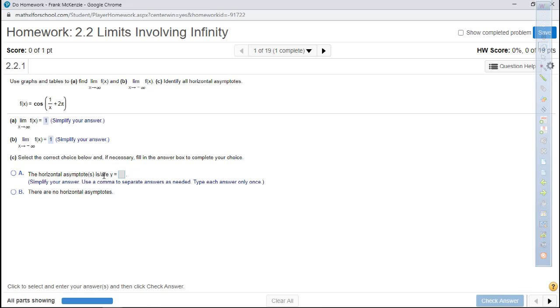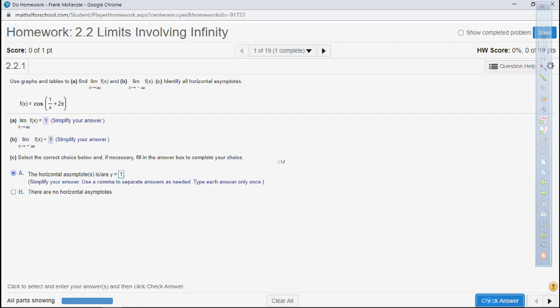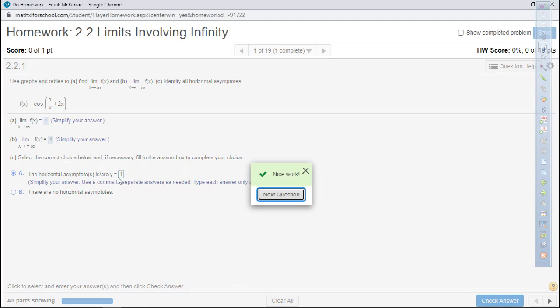In other words, as you go way off to the right and way off to the left. Well, as we find right here, the limit on both sides, as x approaches infinity and negative infinity, is 1, so we are going to have a horizontal asymptote, and the y value is going to be 1. So y equals 1, remember that's a horizontal line, is your horizontal asymptote.